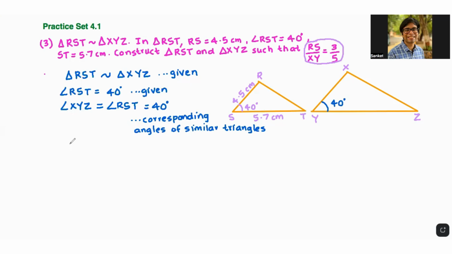So for that, I know that since these two triangles are similar, their sides are in equal proportion. So RS upon XY is equal to ST upon YZ is equal to RT upon XZ.